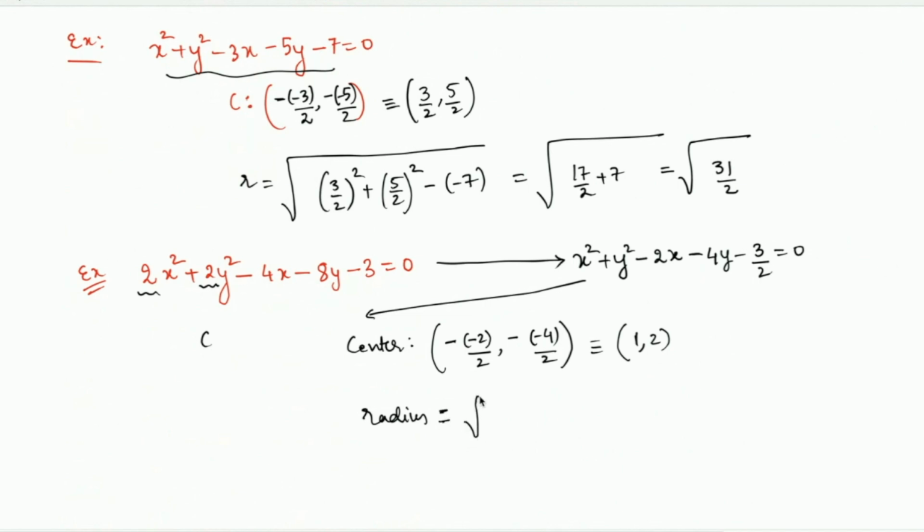Root of the x coordinate of center square plus the y coordinate of center square minus the constant term. The constant term is minus 3 by 2. Only for this we have to apply the formulas. So we have to be mindful. Whatever circle equation is given, first make the x square coefficient and y square coefficient 1. Root of 5 plus 3 by 2, which is root 13 by 2.